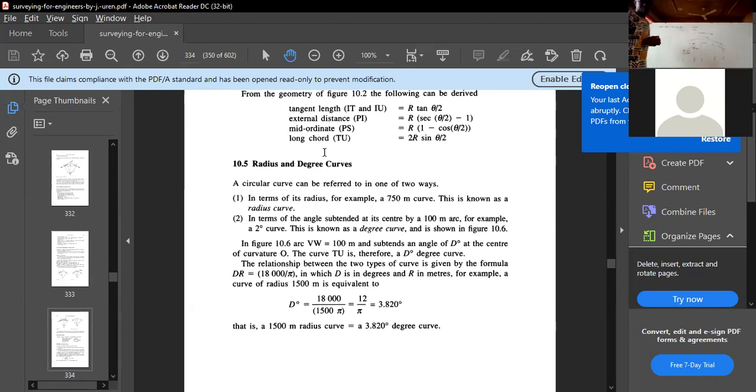The long chord is 2R sin theta over 2. So I'm intentionally not touching on some formulas, those are online.